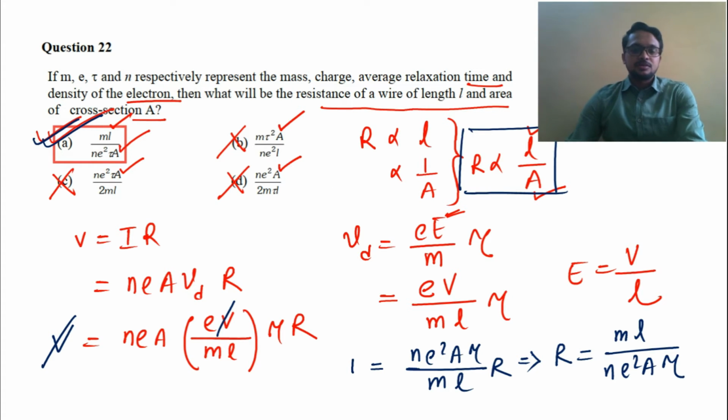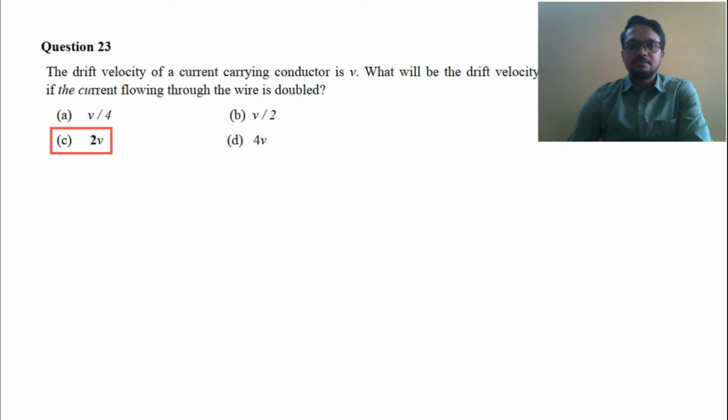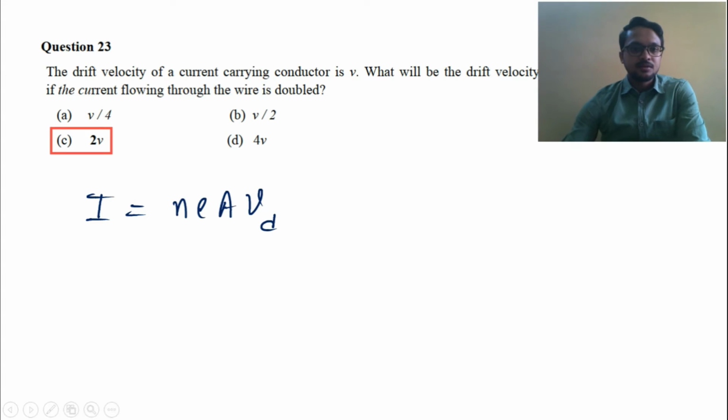Going to the next question, question number 23. Very easy question. The drift velocity of a current carrying conductor is v. What will be the drift velocity if the current flowing through the wire is doubled? In the last question I had written I equals n e A v_d.